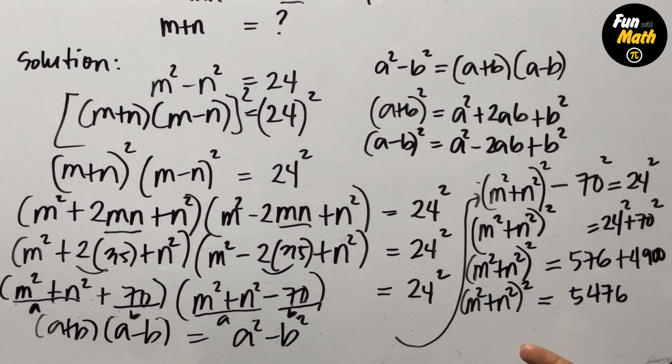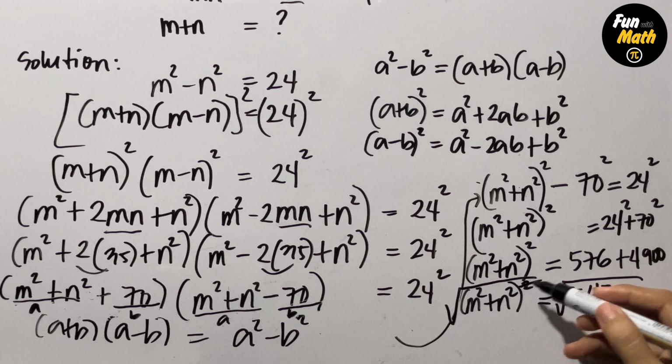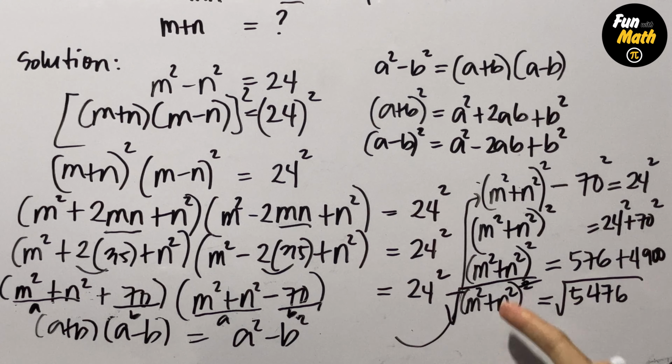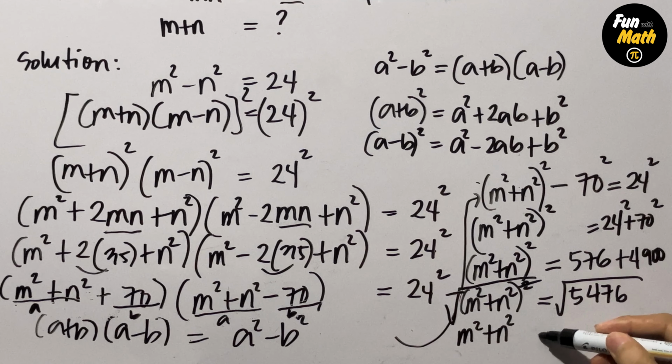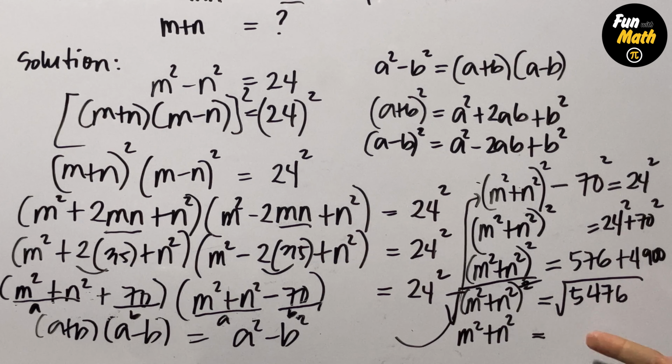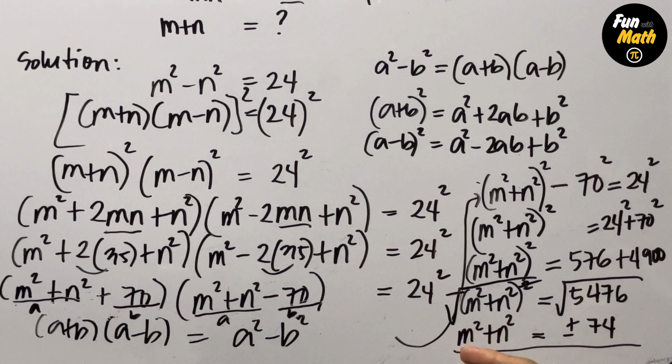Now let's remove this squared by inserting a radical on both sides. So this is cancelled, and also the radical. Now the remaining is m squared plus n squared is equal to square root of 5,476, which is positive negative 74. So this is the value for m squared plus n squared, which is positive negative 74.